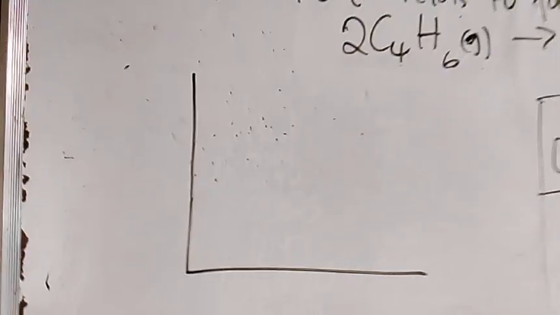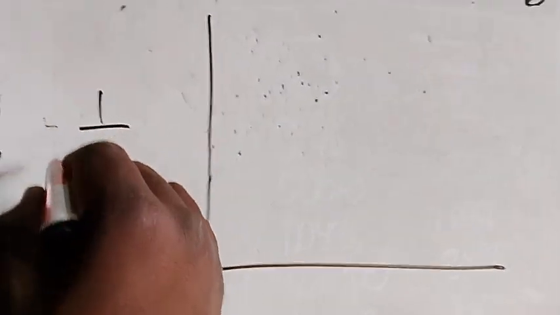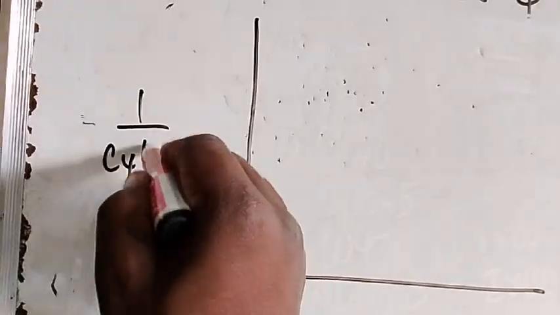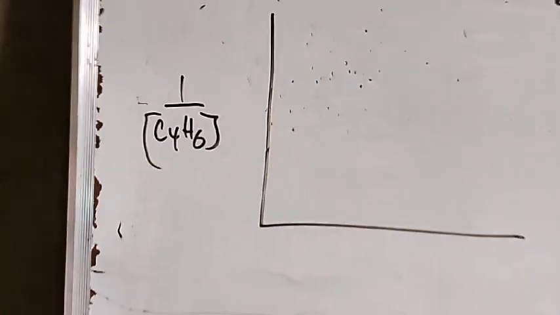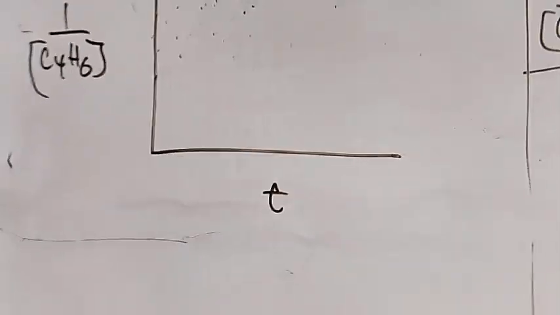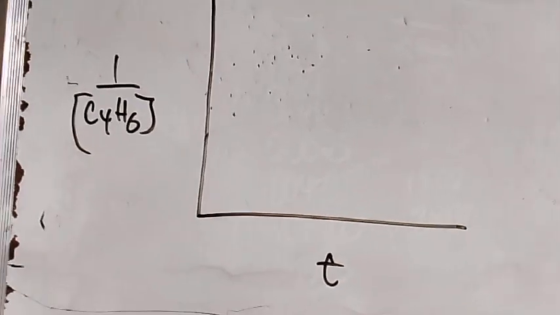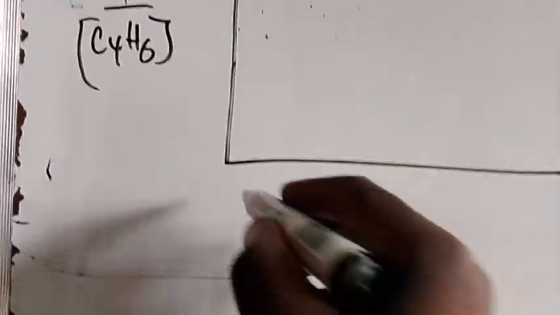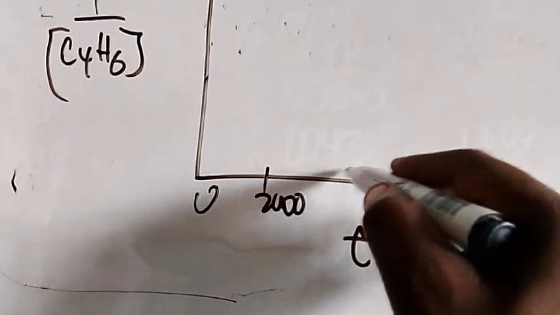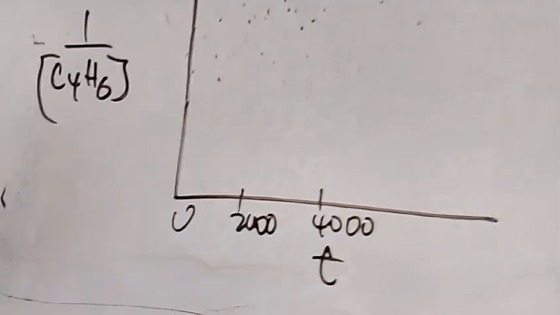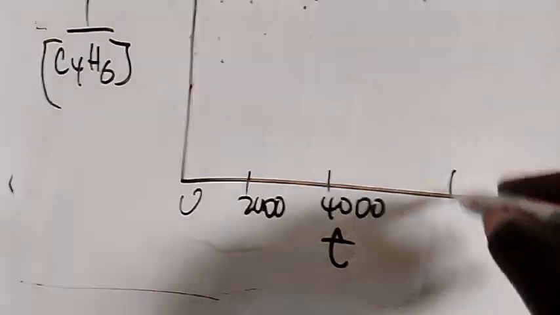Then now we plot a graph of 1 over C4H6 against T. T runs up to 6,000, so we have 0, 2,000, 4,000, then 6,000.